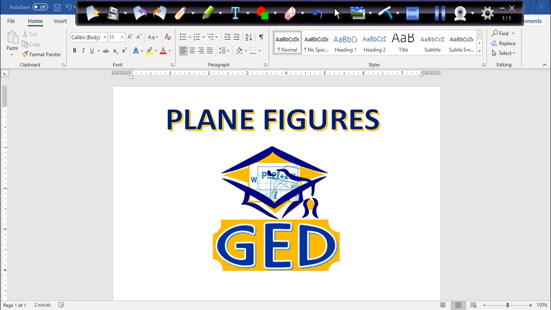You will need to identify the characteristics of different types of four-sided plane figures and draw conclusions about their angles and sides. Now, one of the notes they make right here in your book is sides with the same markings are equal. And you see that in the illustration that they show here in your book.